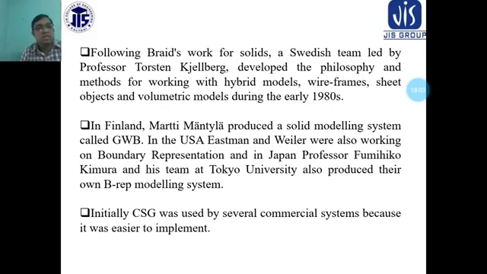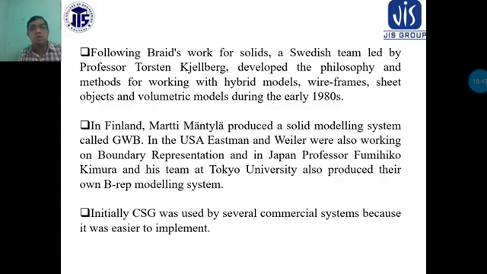In the USA, Eastman and Wheeler were also working on boundary representations, and in Japan, Professor Fumihiko Kimura and his team at Tokyo University also produced their own boundary representation modeling systems.